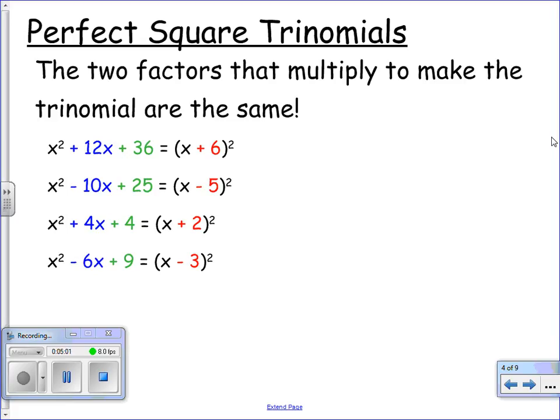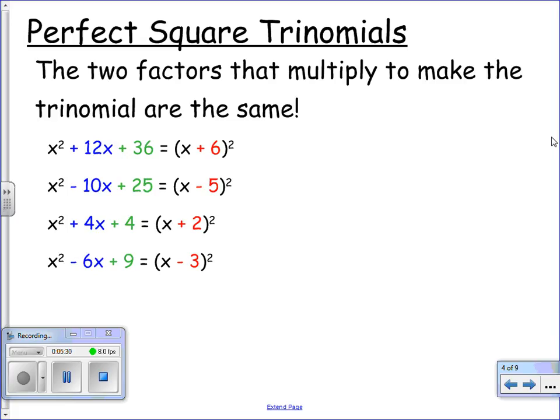What else do you notice? Maybe pick one equation at a time. Put your focus on one equation, maybe x squared plus 12x plus 36 equals x plus 6 squared. What connections can you make there? The blues are always double the reds. Oh, the blues are always 2 times the red number.